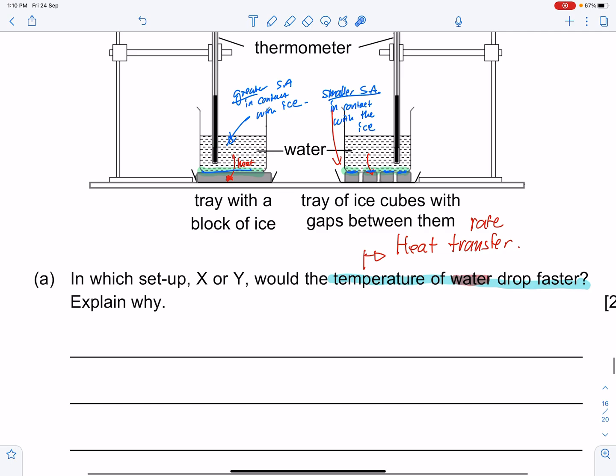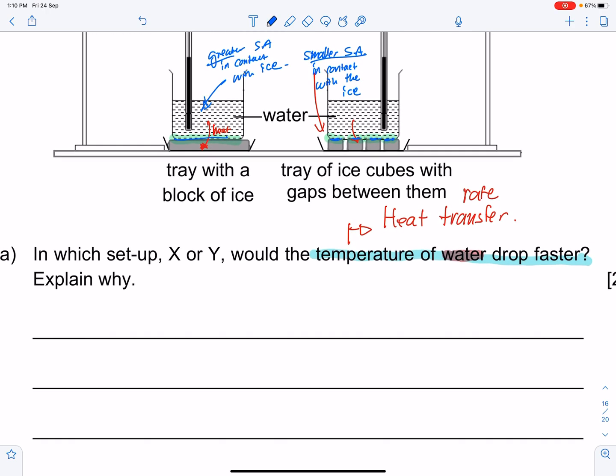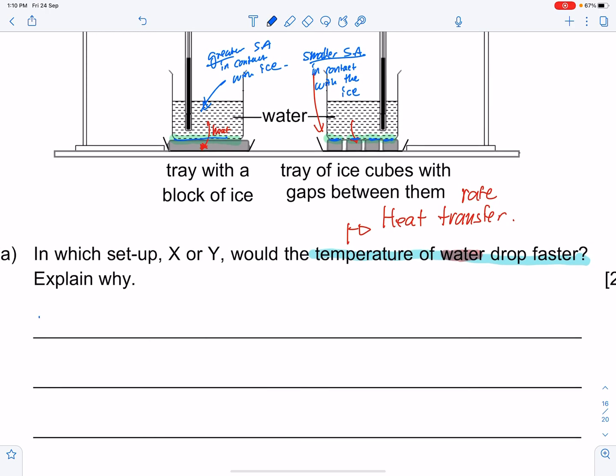So in this case, what am I looking at? I would say my answer is actually setup X. Why? I must talk about the surface area.